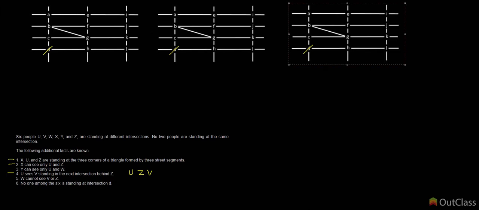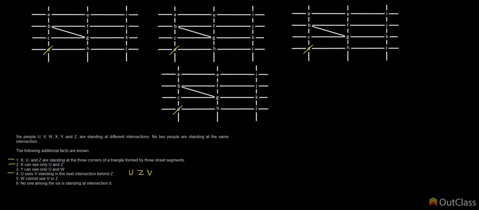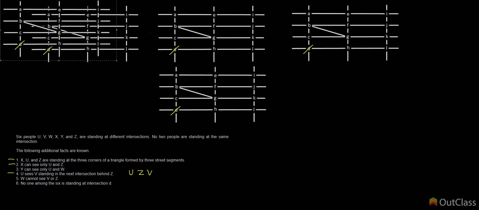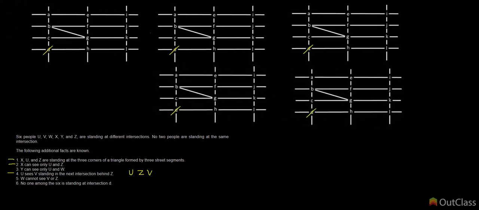1, 2, 3, 4, 5. So I'm going to take the horizontal cases here. You know what, I'll write the horizontal cases here. uzv, which will automatically put my x here. The other horizontal case is uzv, which puts my x here.